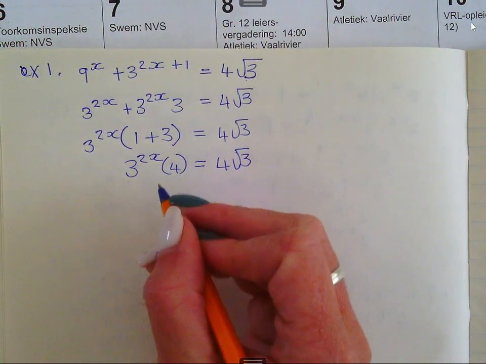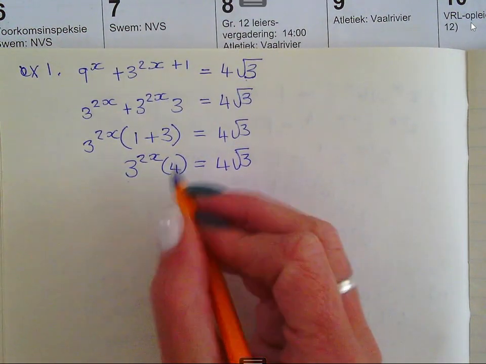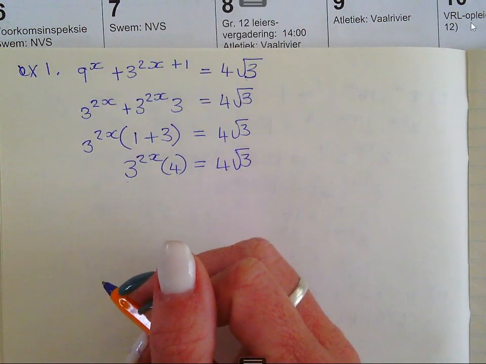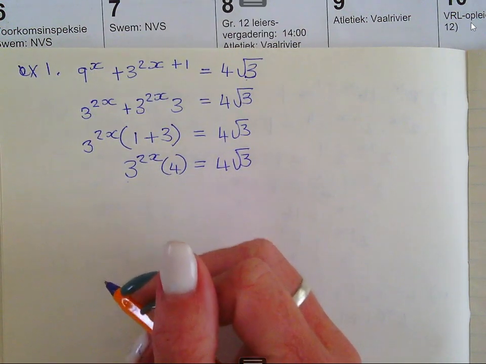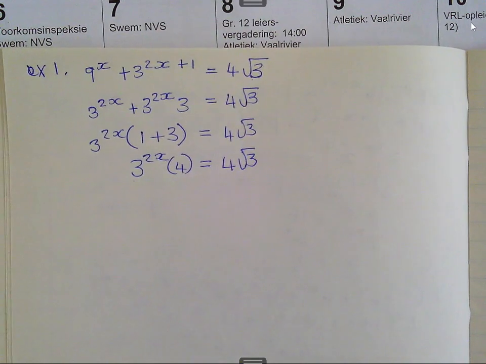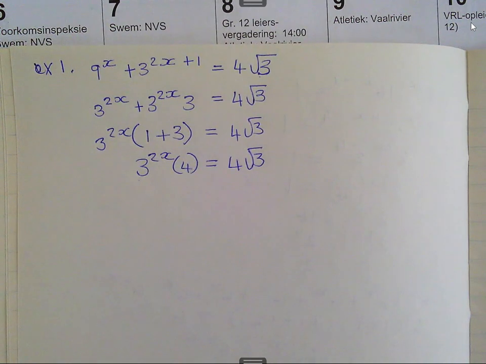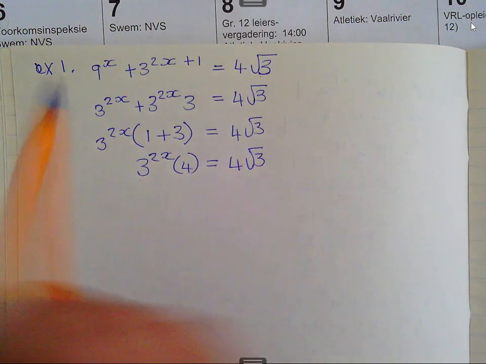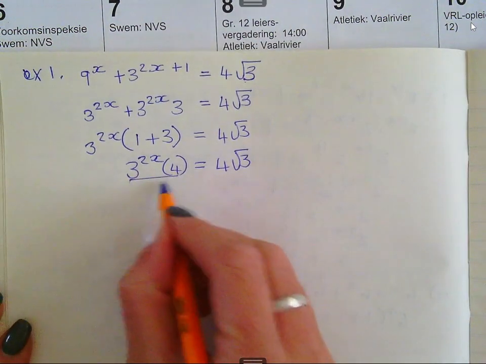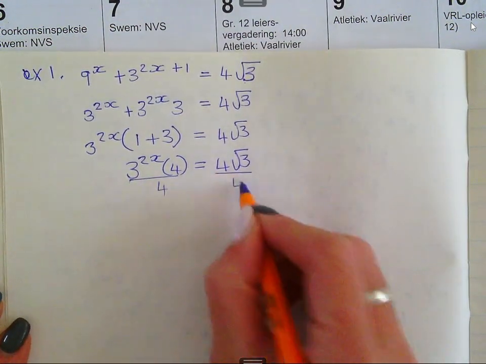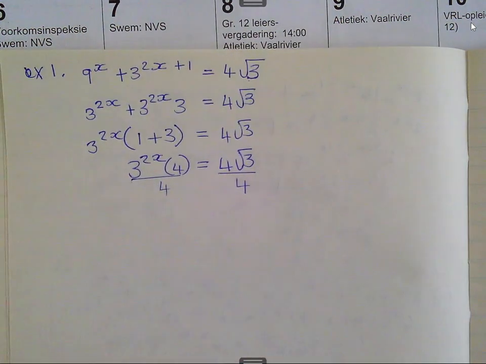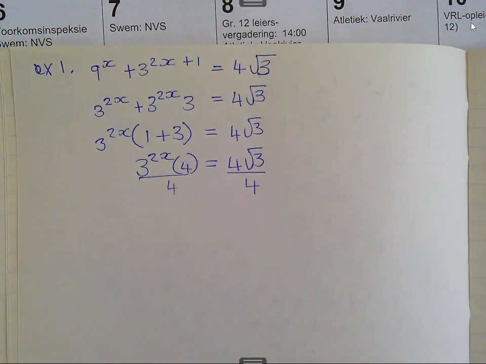Can I divide by 4? Both sides. Yes, remember my plan is to have a base and an exponent. A base and an exponent. So these normal numbers are bothering me. Don't want them there. So I can divide by 4 and divide by 4, because this is an equation. I just have to do the same thing everywhere, then I haven't done anything.